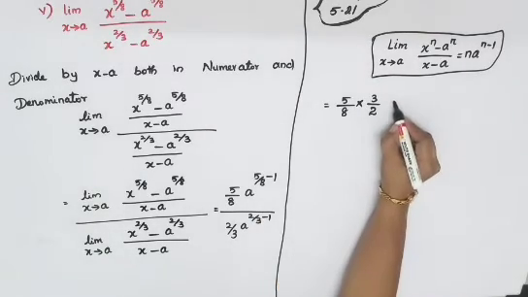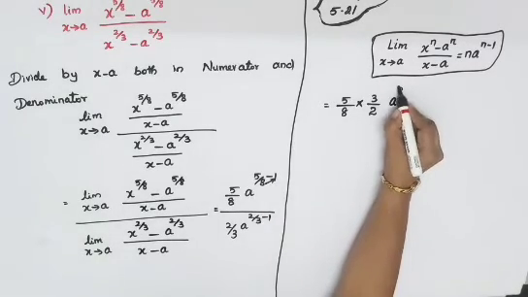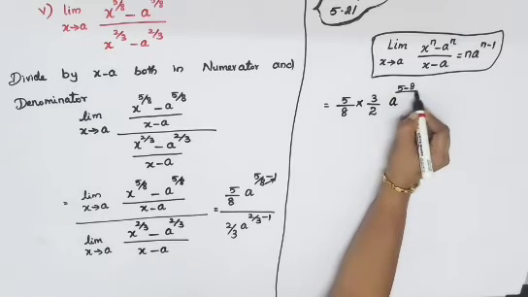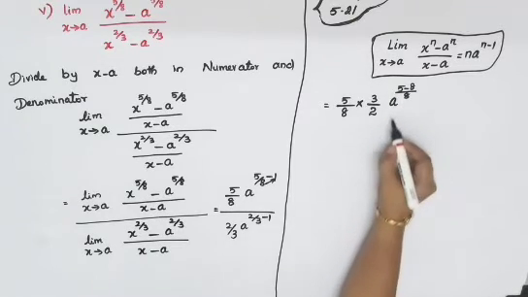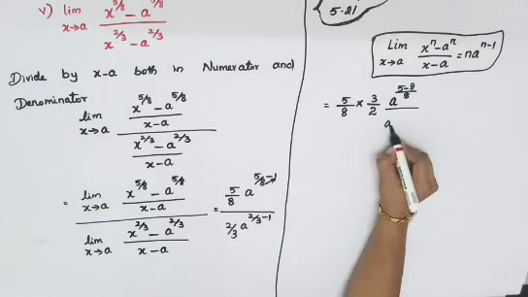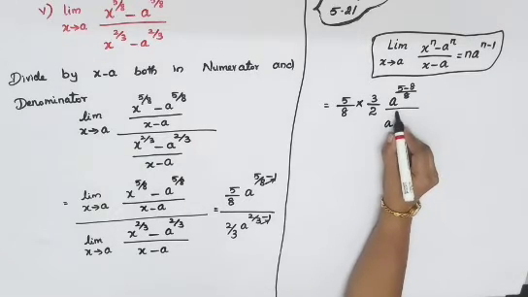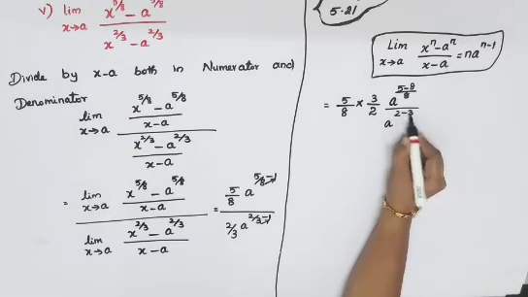And this a power 5/8 minus 1, just go for a cross multiplication. So you will get (5 minus 8) divided by 8. Then in the denominator, that is a power, again go for your cross multiplication, otherwise LCM, (2 minus 3) divided by 3 you will have.